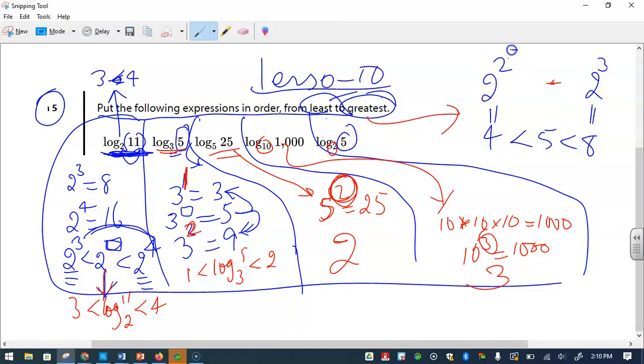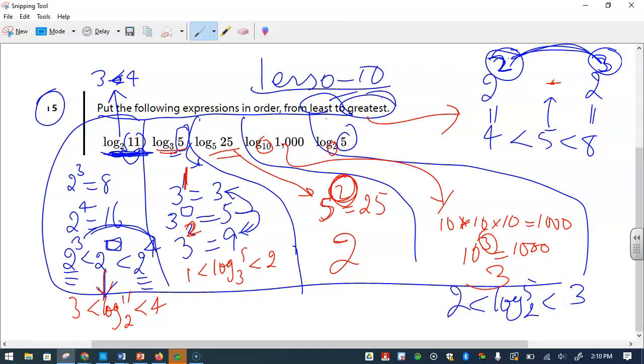So that means the 2, which is the base here, this value has to be between 2 and 3. So we say this value, the logarithm of 5 to the base 2, is between 2 and 3.